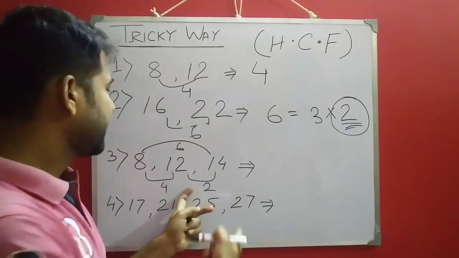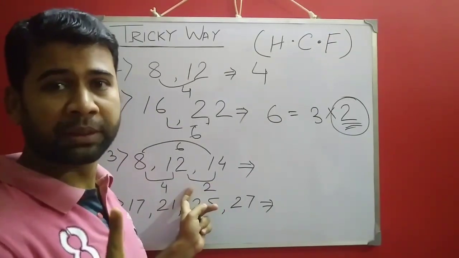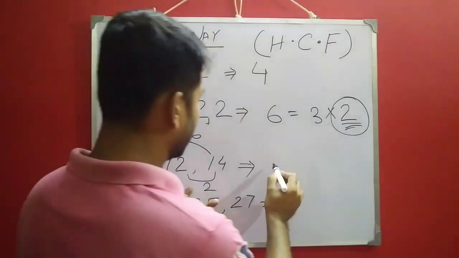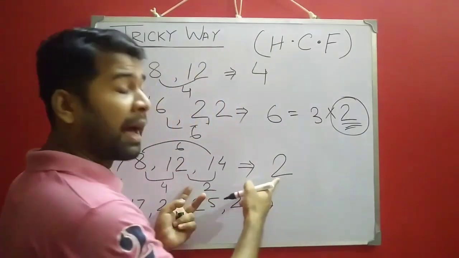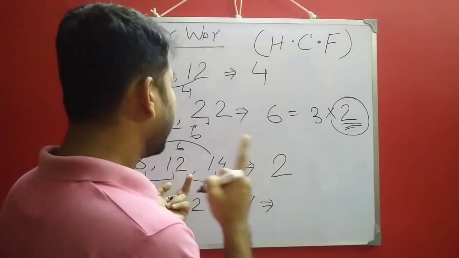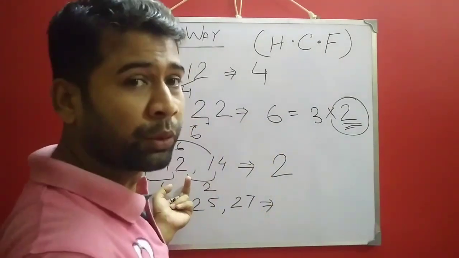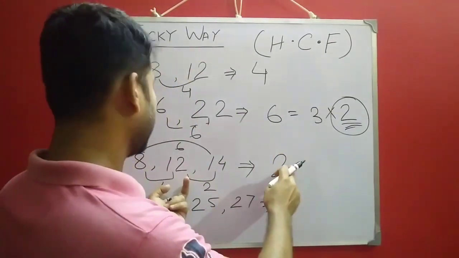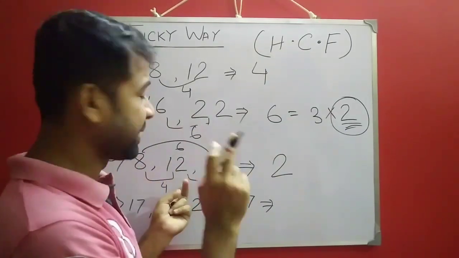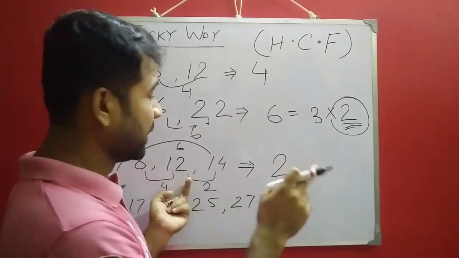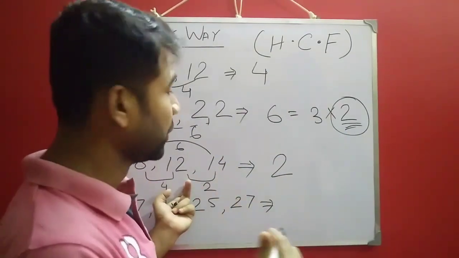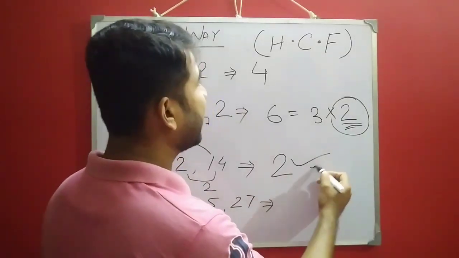So the least difference is 2. Before we declare 2 as the answer, we have to check: 2 is a divisor of 8, yes. 2 is a divisor of 12, yes. 2 is a divisor of 14, yes. So 2 is our HCF.